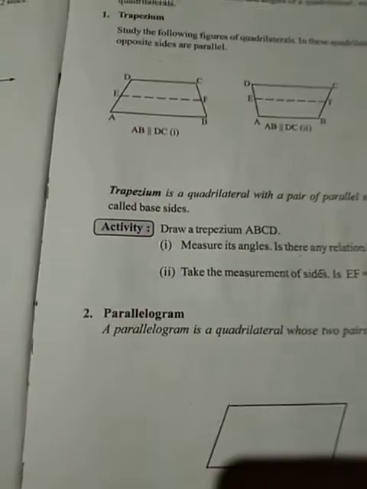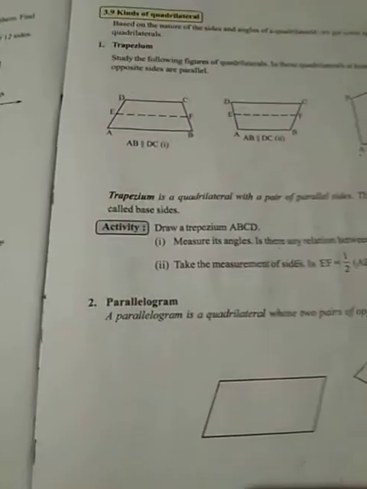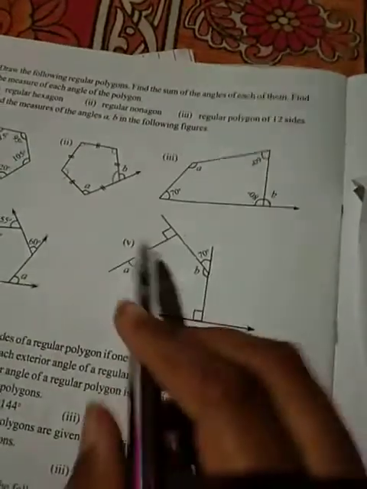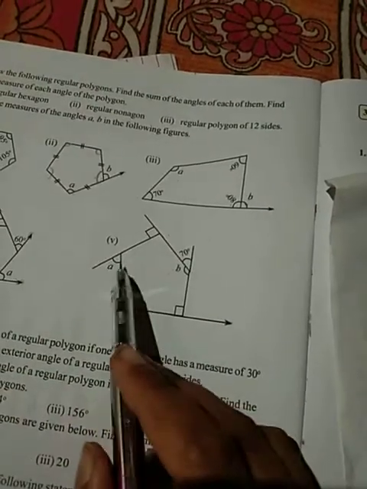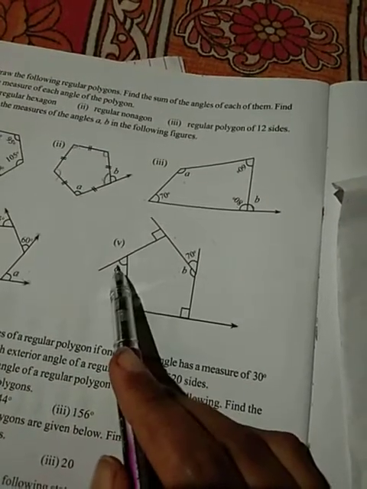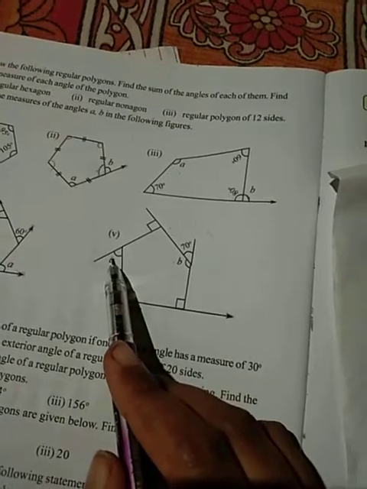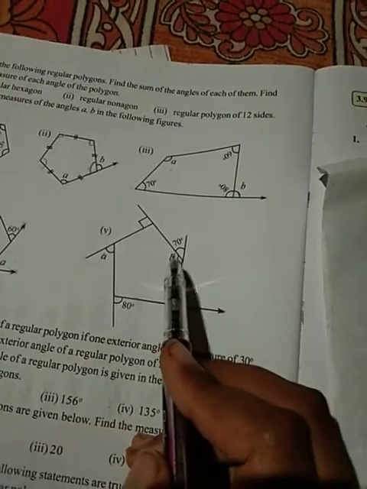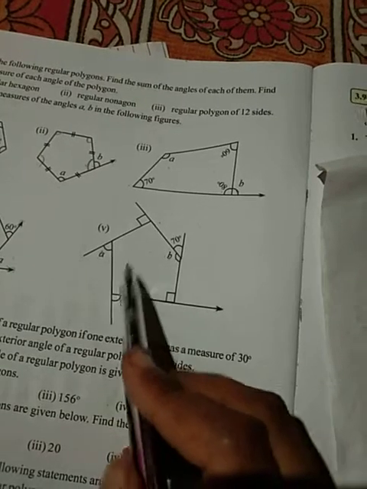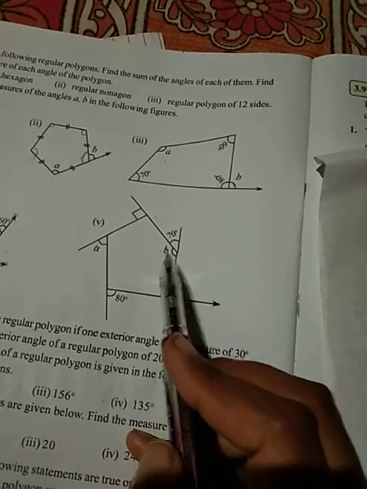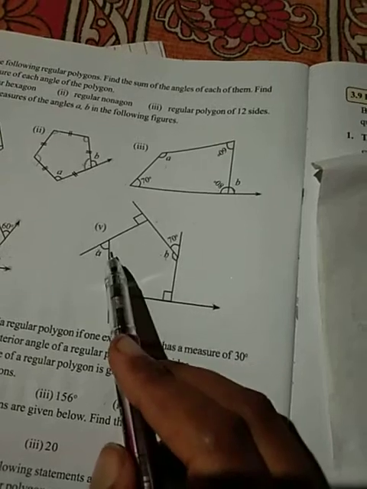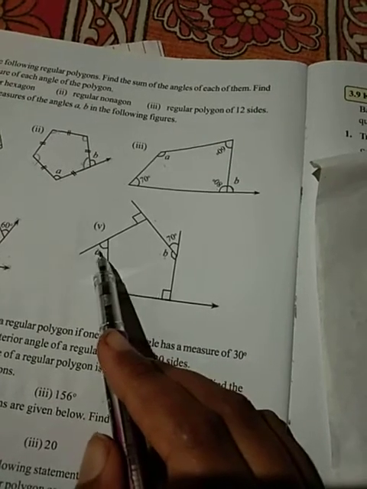Now here the fifth figure is this. We find angle A and angle B. Angle A is exterior of the polygon and angle B is interior of the polygon. So first we find this value, then we get this value.